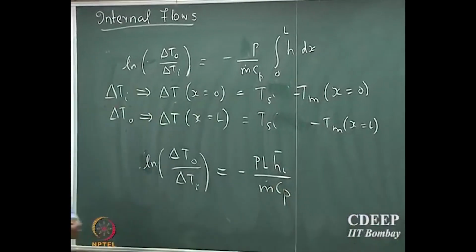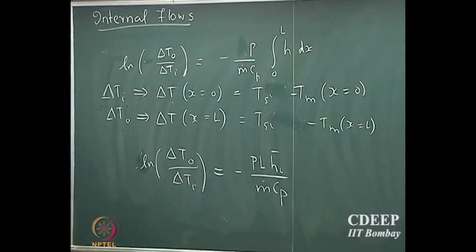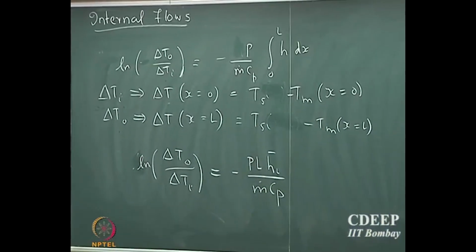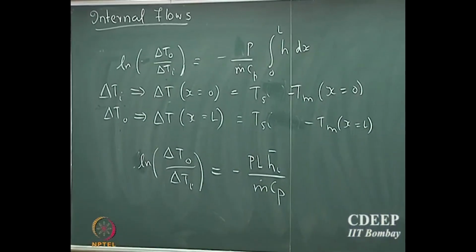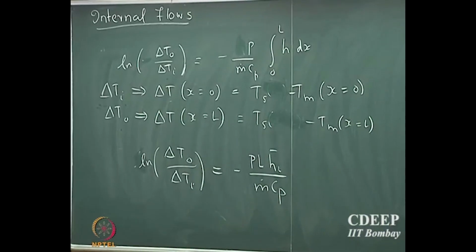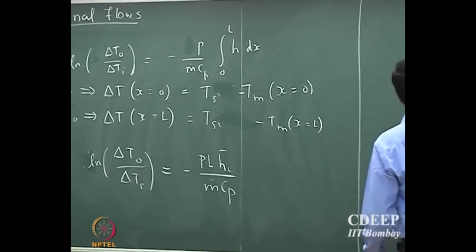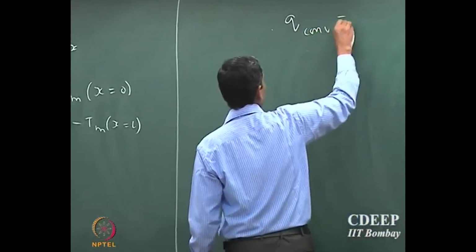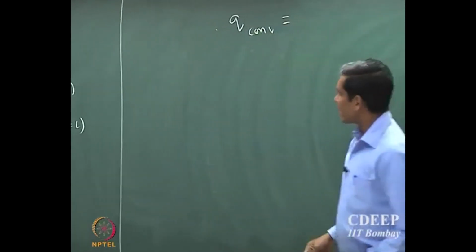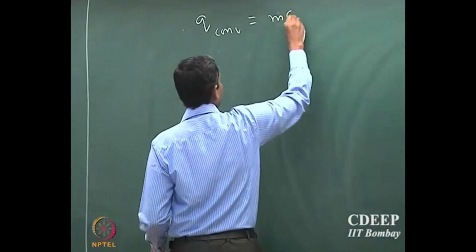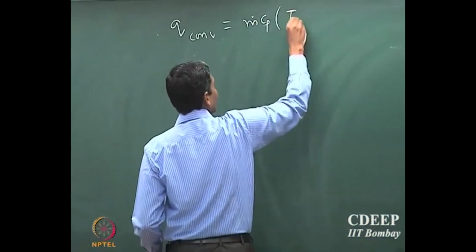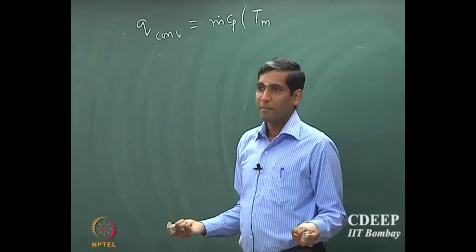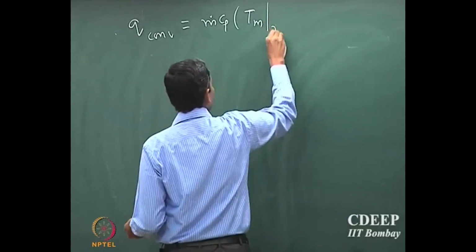M dot C. Now, if I look at the total amount of heat that is lost by the fluid, okay, the net amount of heat that is actually lost by the fluid due to convection, that is given by m dot Cp into the mixing cup temperature at the outlet minus the mixing cup temperature at the inlet.